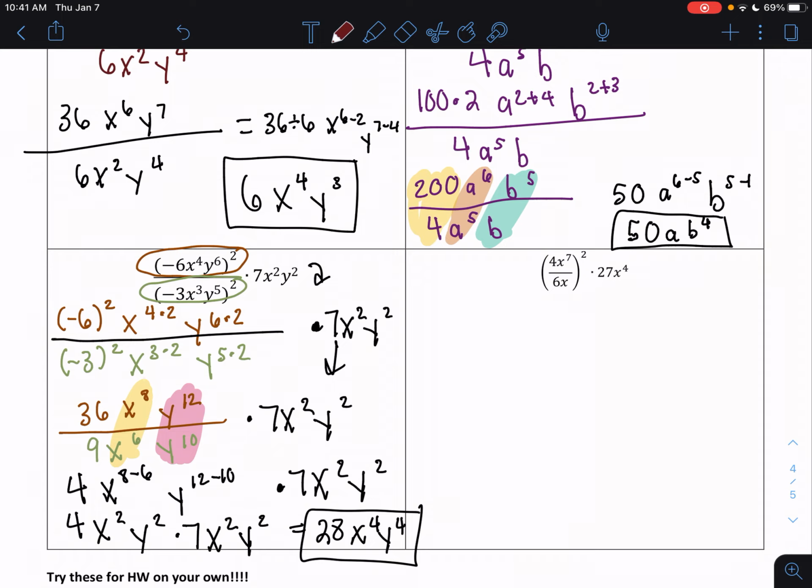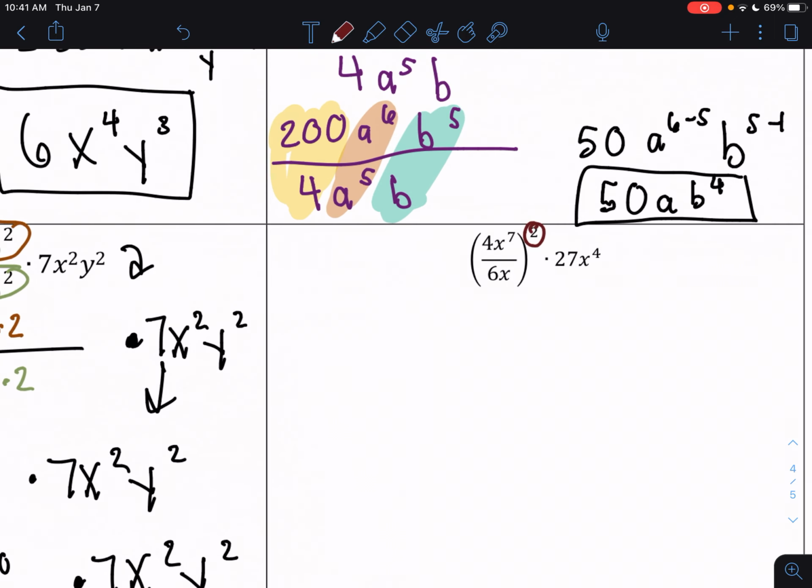All right, so this one has a fraction, right? And then we're taking that to the second power. So we need to take this little 2 here, right? And it needs to apply to the top and the bottom.